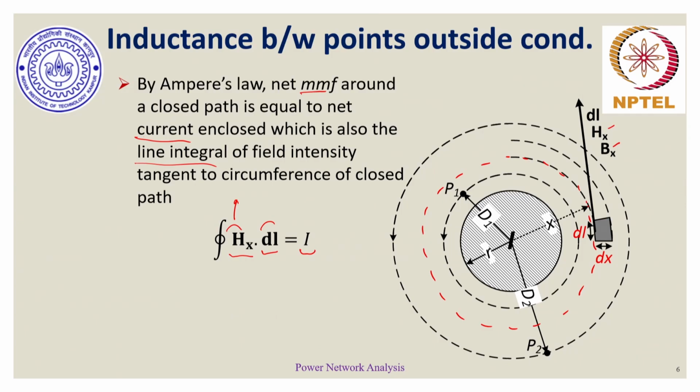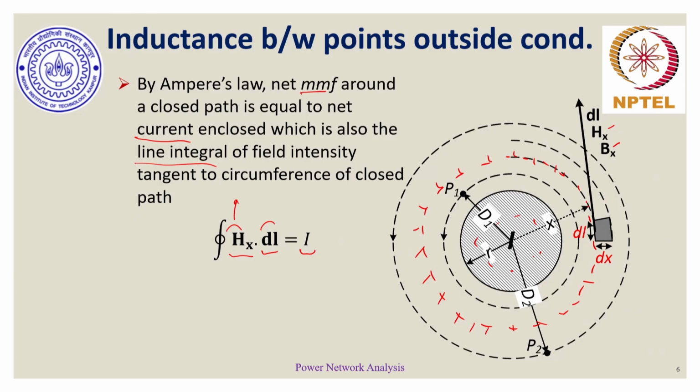Reason, the current density, I by pi r square, is the same throughout, as the conductor is straight and parallel. So no matter what point I take along this circle which is at a distance x from the center, the value of h of x is going to remain uniform.